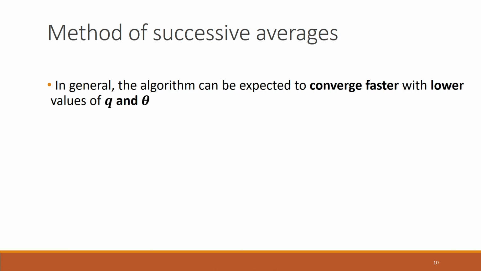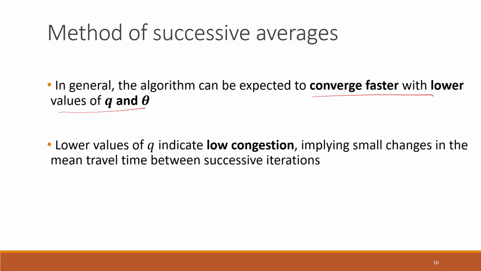So, in general, this algorithm, that is the method of successive averages, can be expected to converge faster with lower values of q and theta. Why is that? First, lower values of q indicate low congestion, implying small changes in the mean travel time between the successive iterations.